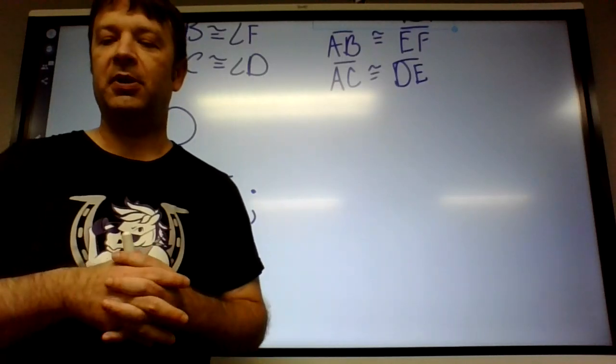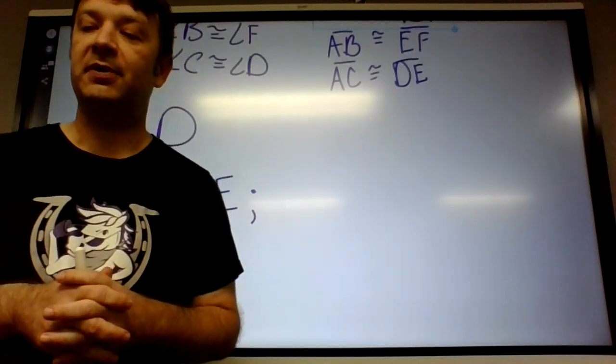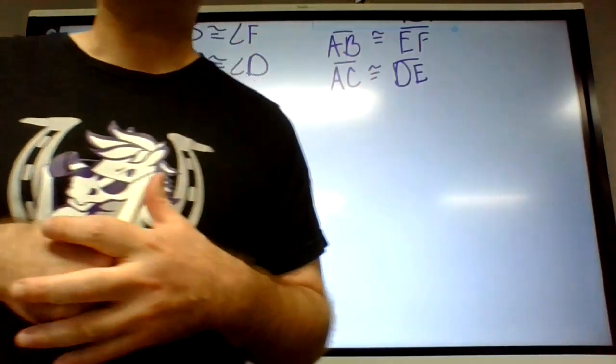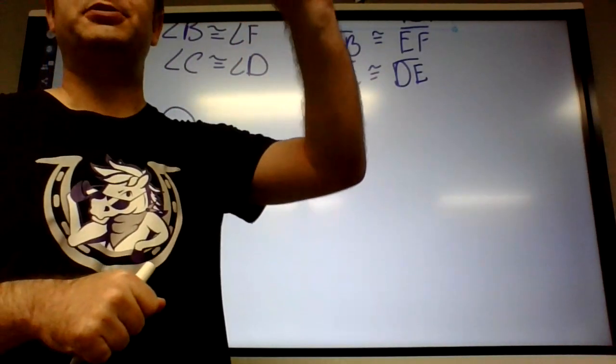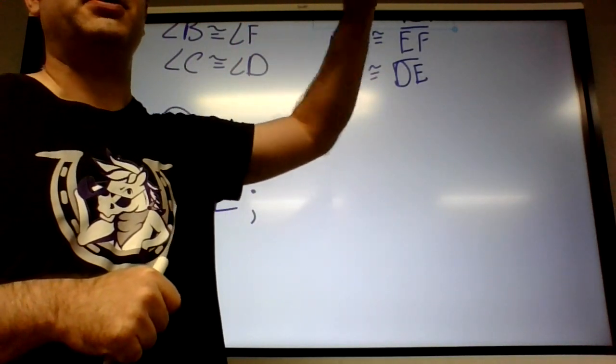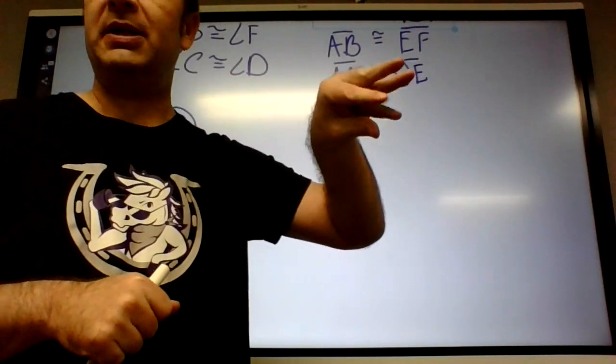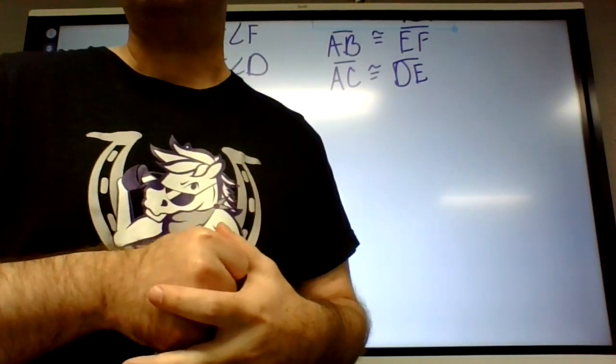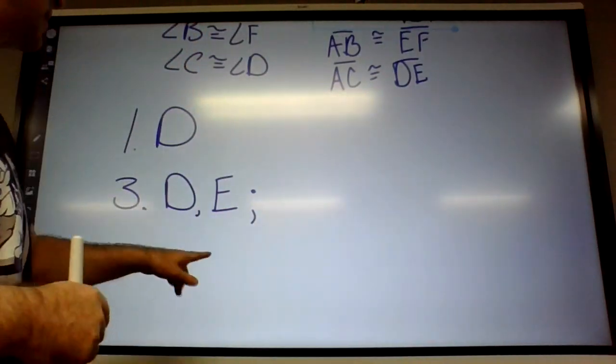Well, really we're only saying triangles once we get down to 7. They're just putting multiple choice, like A, B, C, D. So no. You name the triangles based on their vertices, like triangle ABC, triangle DEF. They didn't put any vertices on number 4. So you just do what I did. You put D and E.